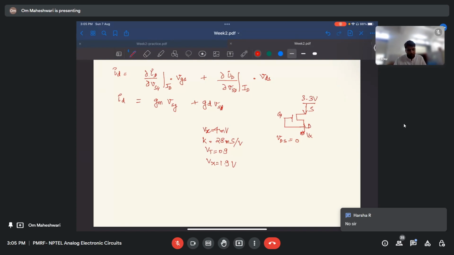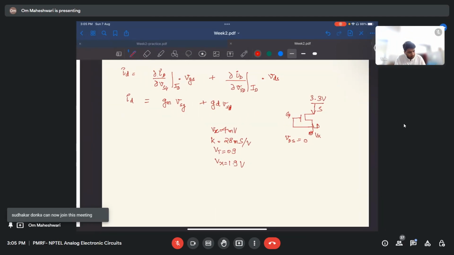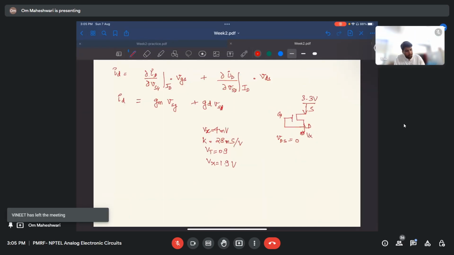So what is our next step? Since we have not been given anything about the output conductance, and it is generally very small compared to the transconductance, GM is much greater than GD.